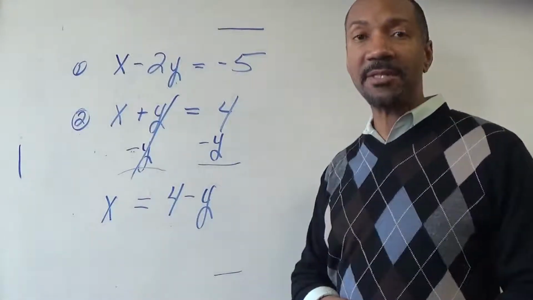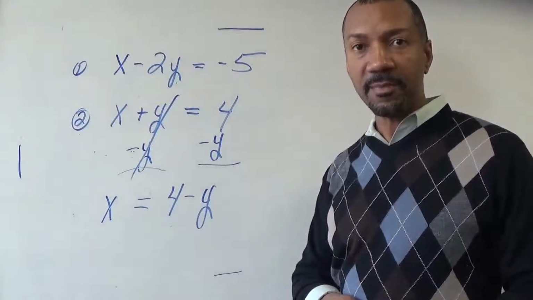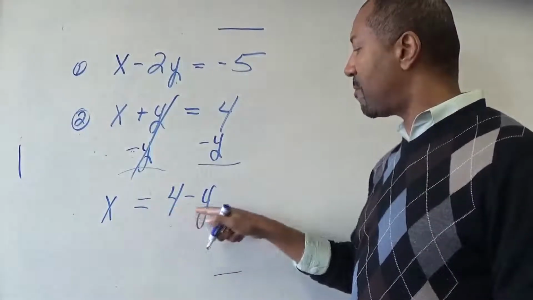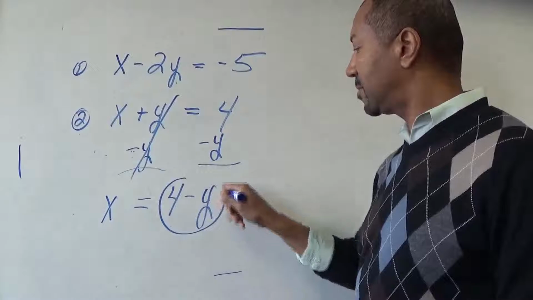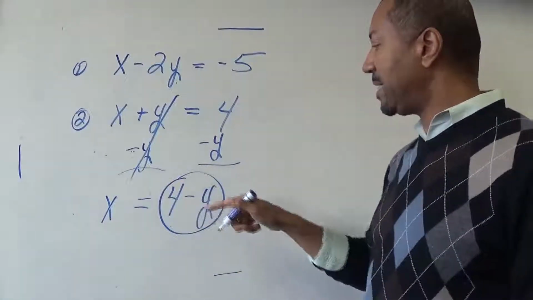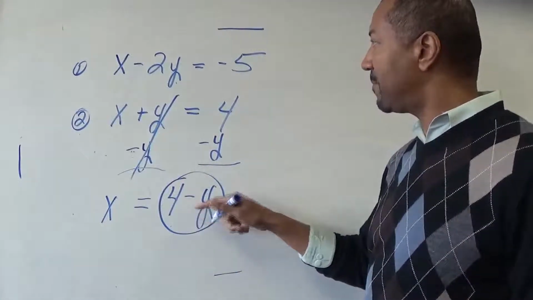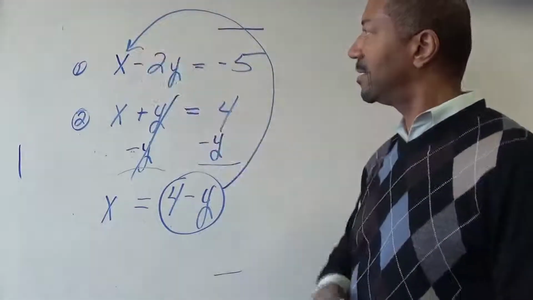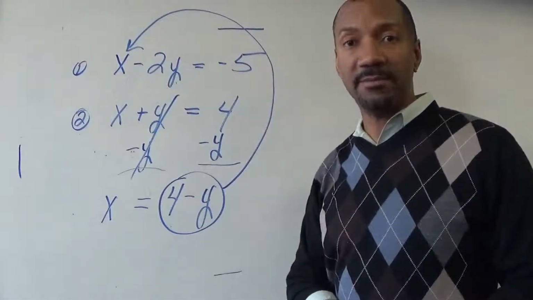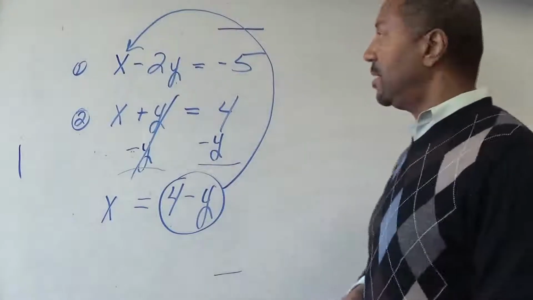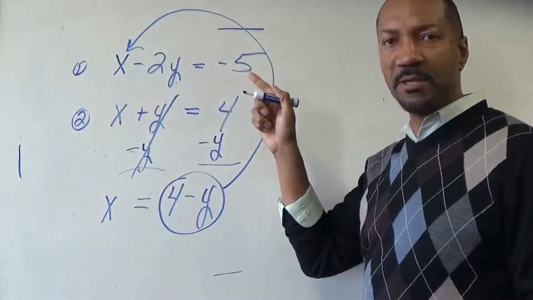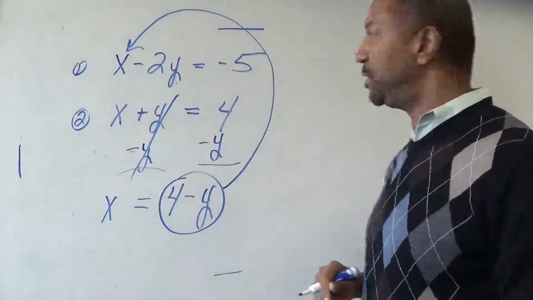Now it's time to make the substitution. Since we know that x is equal to 4 minus y, I'm going to take this 4 minus y and substitute it into the x in the other equation. So let's rewrite that first equation with the substitution.